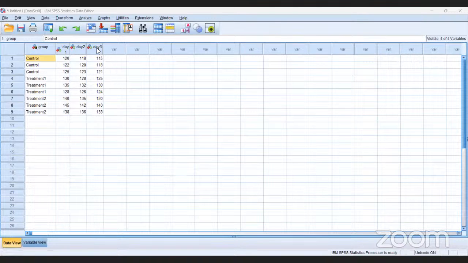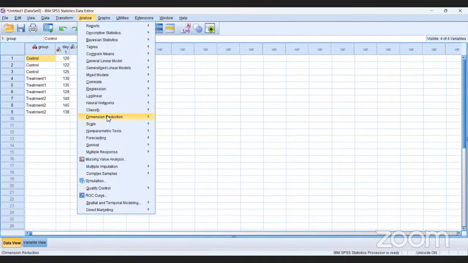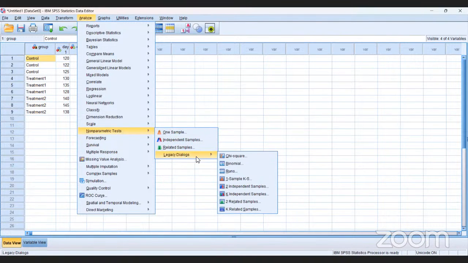Non-parametric statistics? Yes, sir. Okay. So you have to click the non-parametric test. After that, legacy dialog. Then you have to go to the K-related samples.